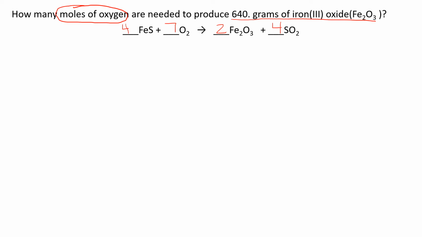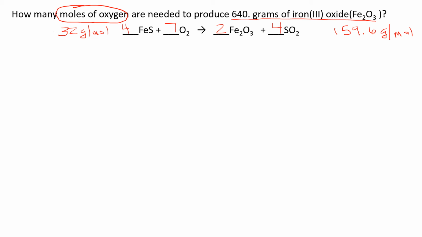The molar mass for iron 3 oxide, or molar mass for oxygen was 32 grams per mole. And the molar mass for iron 3 oxide was 159.6 grams per mole. Okay, so now we're going to start setting up our problem.